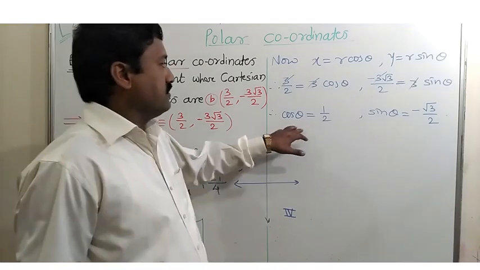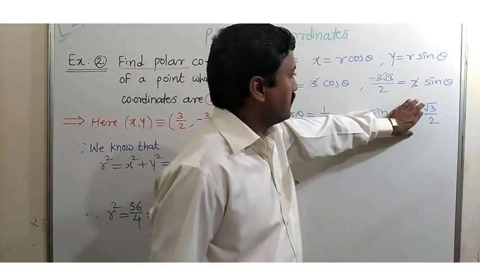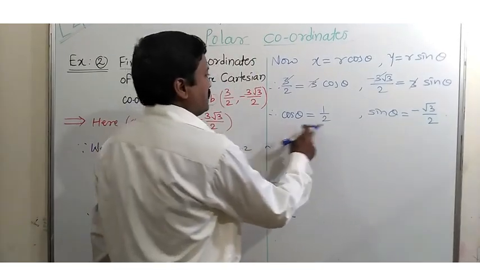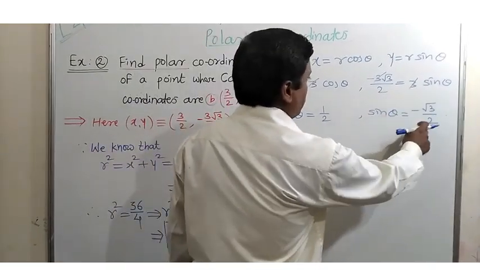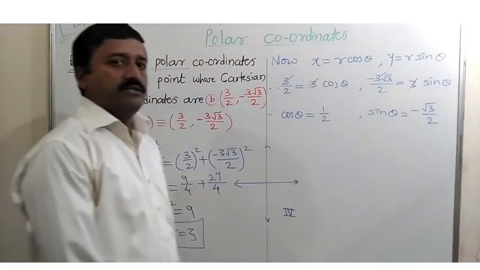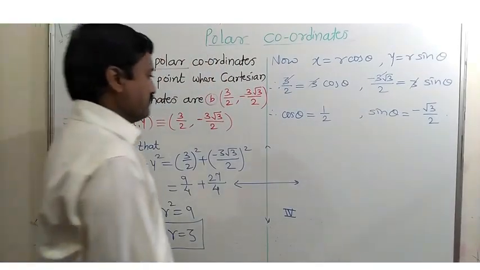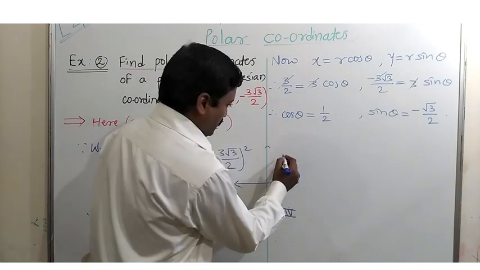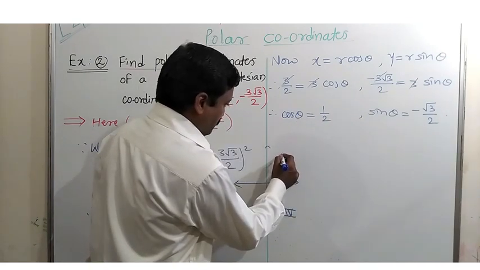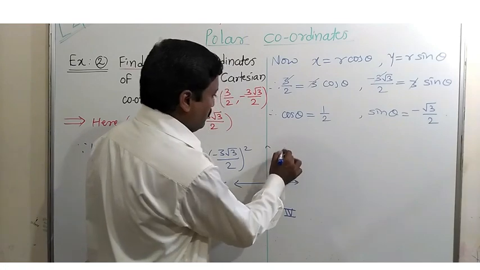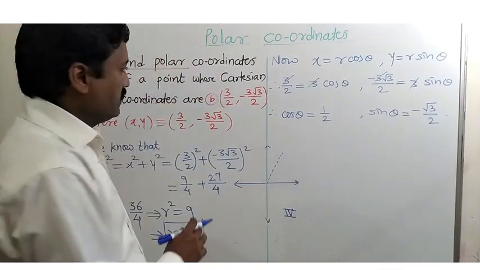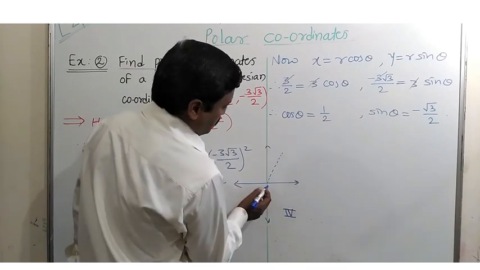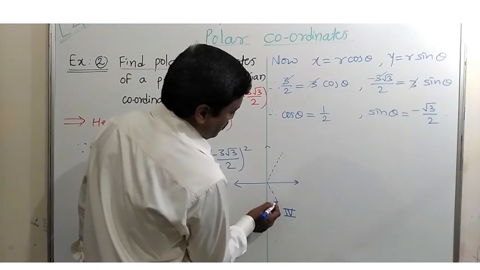When cos theta is equal to half, without considering the sign, let us determine theta first. Cos theta is half and sin theta is root 3 upon 2 when theta is equal to 60 degrees, and cos 60 is equal to half. So if both are positive, the point will be here, but if you take its reflection, then it will be here.